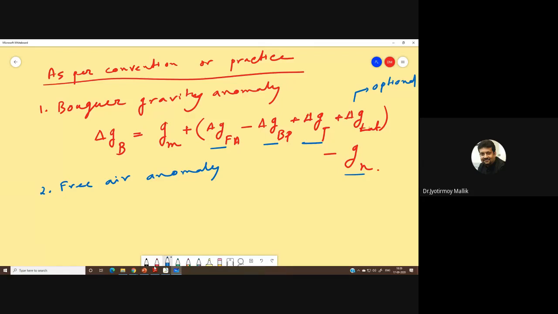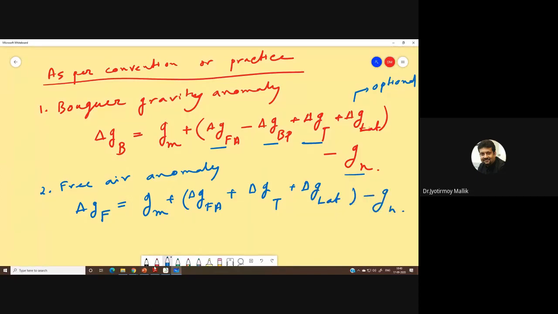Free air anomaly is GM plus delta G FA plus delta G T plus delta G latitude minus Gn, and of course latitude is optional.